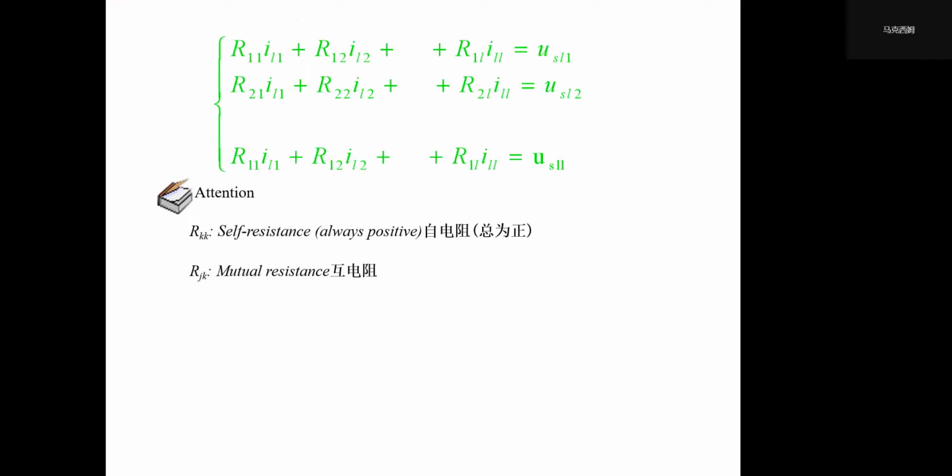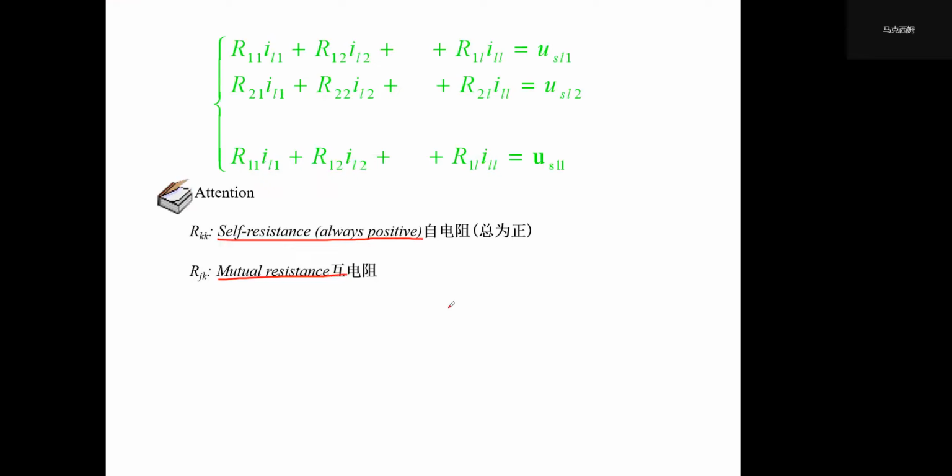But something we have to pay attention to: in these mesh current equations, the self resistance is always positive, and the mutual or cross resistance could be negative or positive. It depends on the direction of the adjacent mesh current.